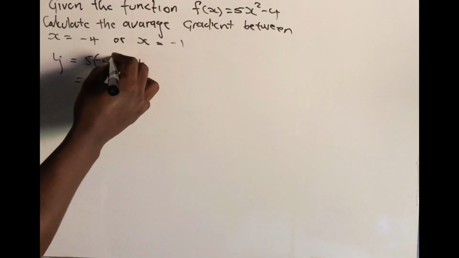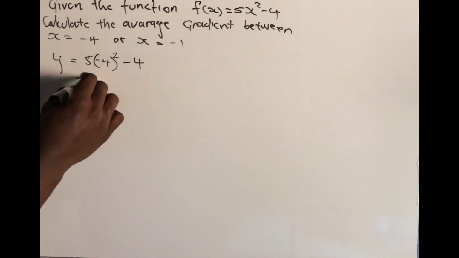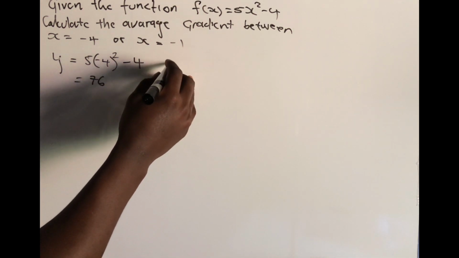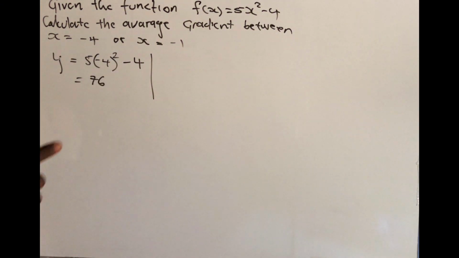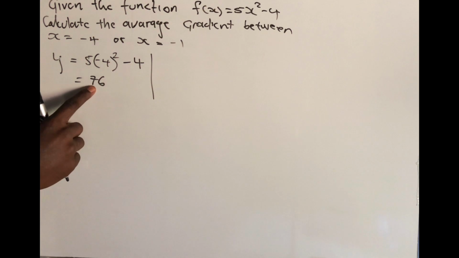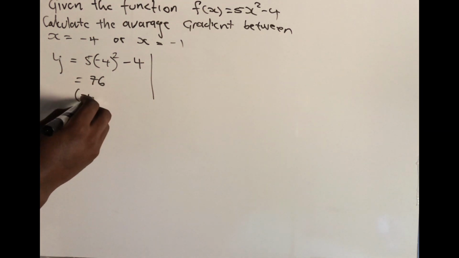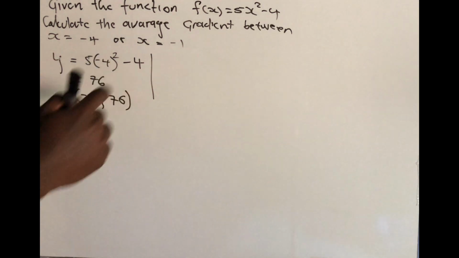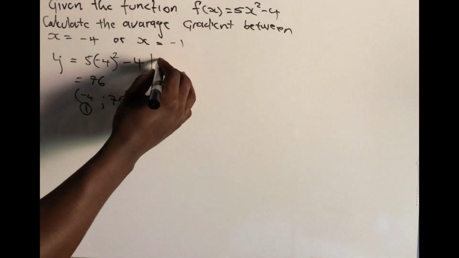Sorry, there's a squared here. -4 squared, then you're gonna get 76 here, and then y for x equals -1. And now look, you have -4 corresponding to 76. This is your first point.